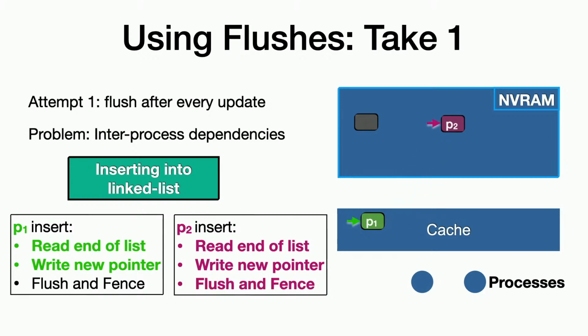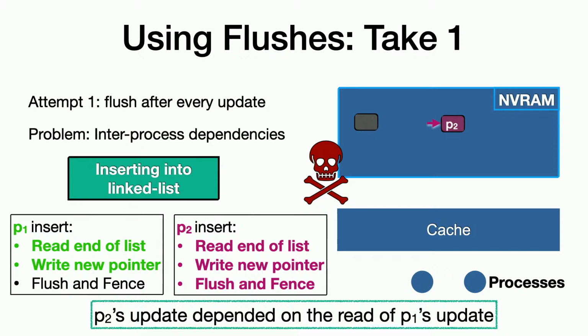So we could get to this situation where, because one thread paused in the middle and didn't flush its update, but another thread depended on it, we could have this disconnected linked list, and we would lose not only P1's update under such a crash, but also we wouldn't know where P2 put its node because we don't have a pointer to it. So this obviously doesn't work.